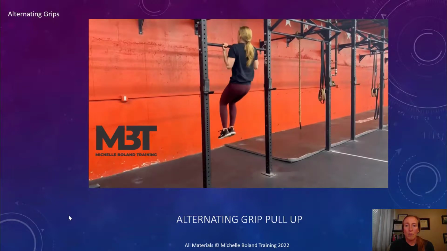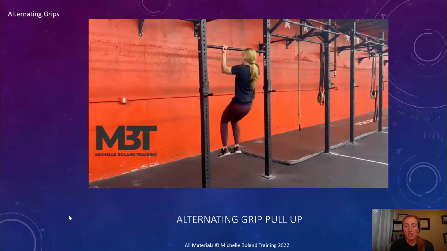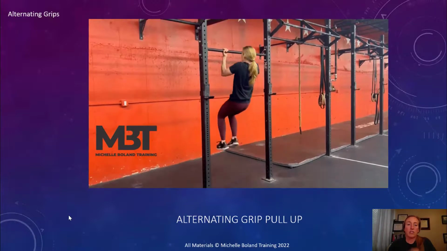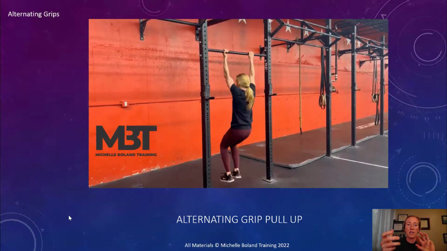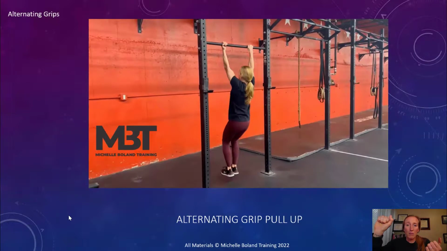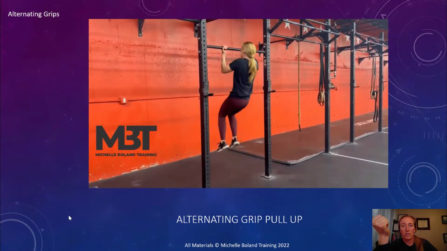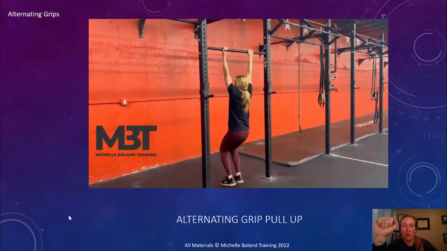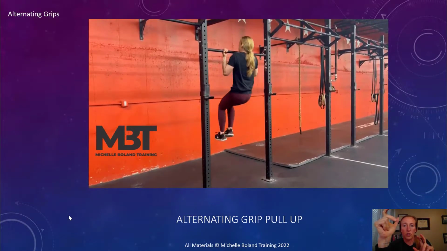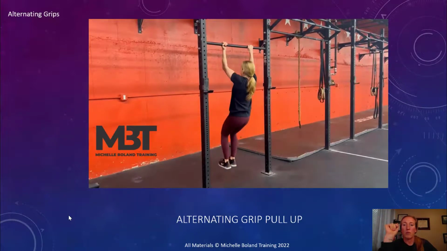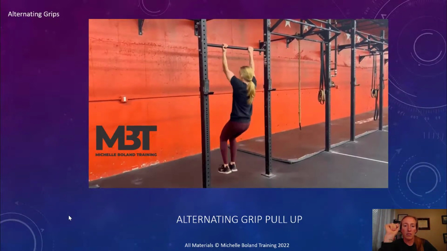Okay, so we have a bilateral stance here, doing a pull-up, but again, I want to create some rotation in the upper body. I'm going to hold the bar in supination on one side and pronation on the other, causing a little bit of a turn in my upper body. Then I'm going to perform the pull-up exercise.